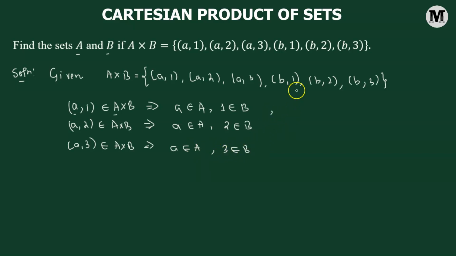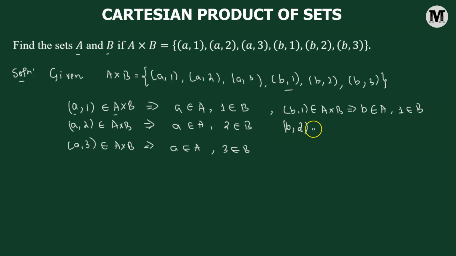We will next consider the fourth ordered pair (b, 1). So (b, 1) belongs to the Cartesian product of the set A and B, which implies that the element b belongs to the first set A and 1 belongs to the second set, that is B. Next we have the ordered pair (b, 2).